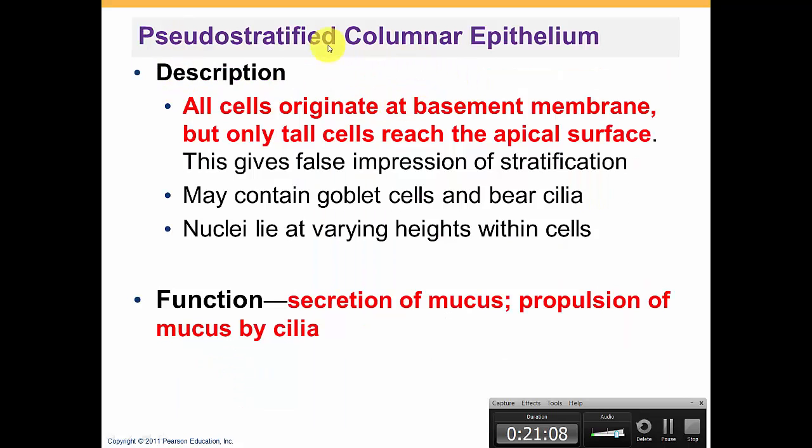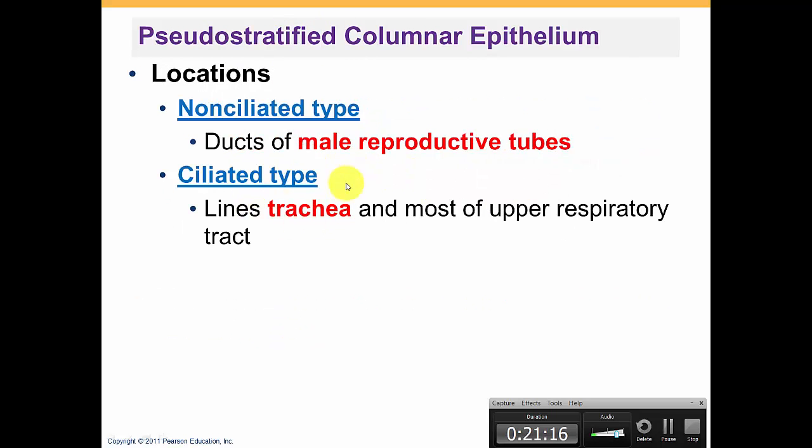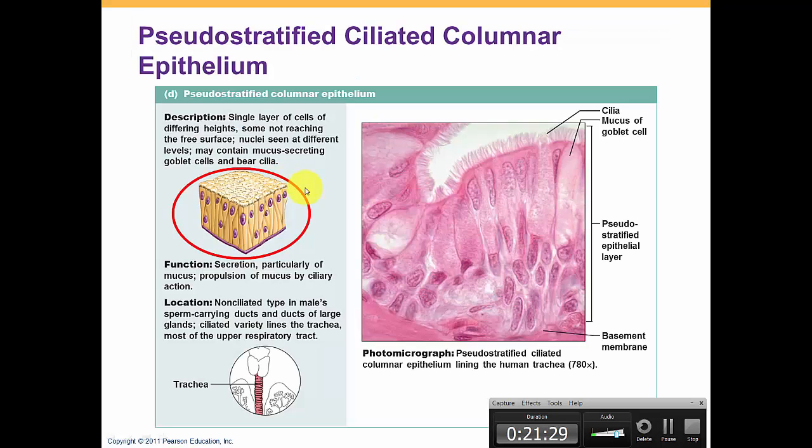Last type of the simple epithelium is called pseudostratified columnar epithelium. And why is it called pseudostratified? Well, first, it's located in two places. The ciliated type is in our trachea, and the non-ciliated type is in the male reproductive system.